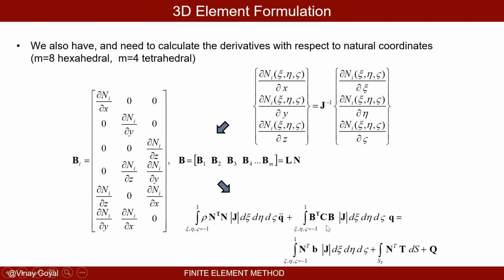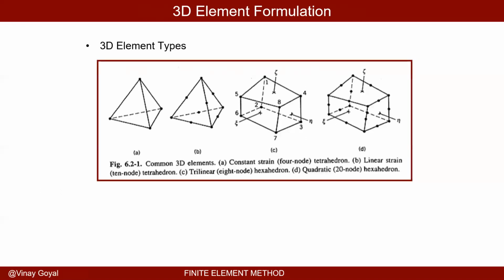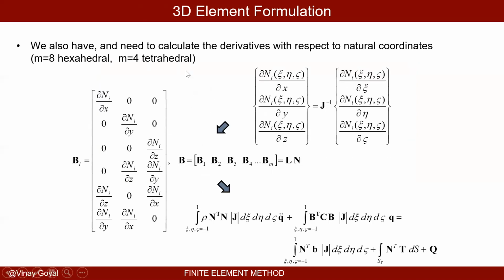So let me jump straight to the 3D element types. So you have the tetrahedral element, the second order tetrahedral element. And I'm not going through every single detail at this point because we already practiced sufficiently on the heat transfer problem. And the procedure is basically the same over and over. It's just not that different.